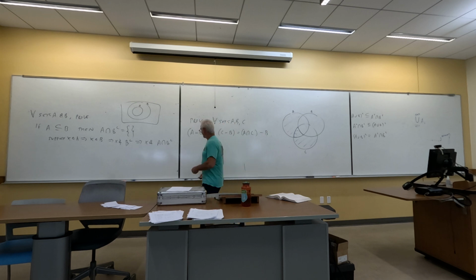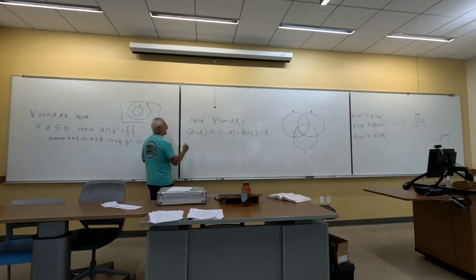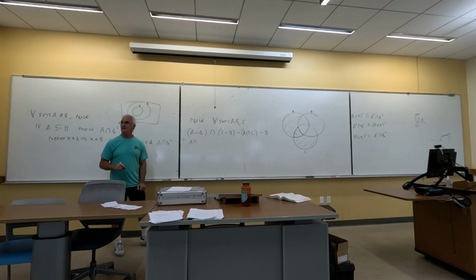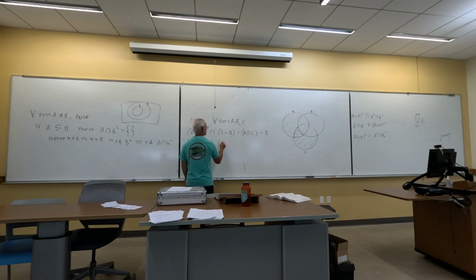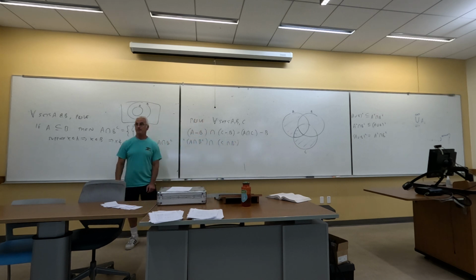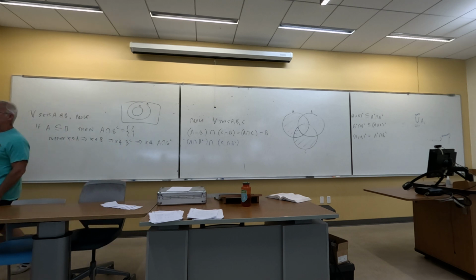So what do I need to do? I need to change this to what? A intersect B complement. Remember I talked about that, that's the definition. I'll leave this in parentheses. And this one's going to be what? Yeah? Now you like this one. Why?